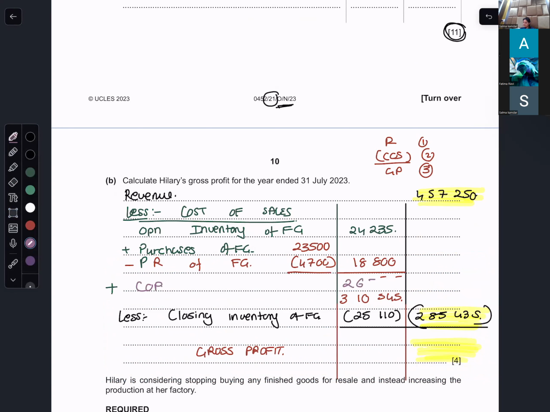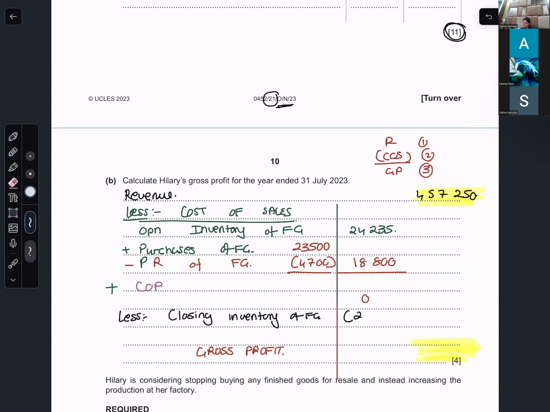What is the total of these two? 24,235 plus 43,035. How much? 430, 35.